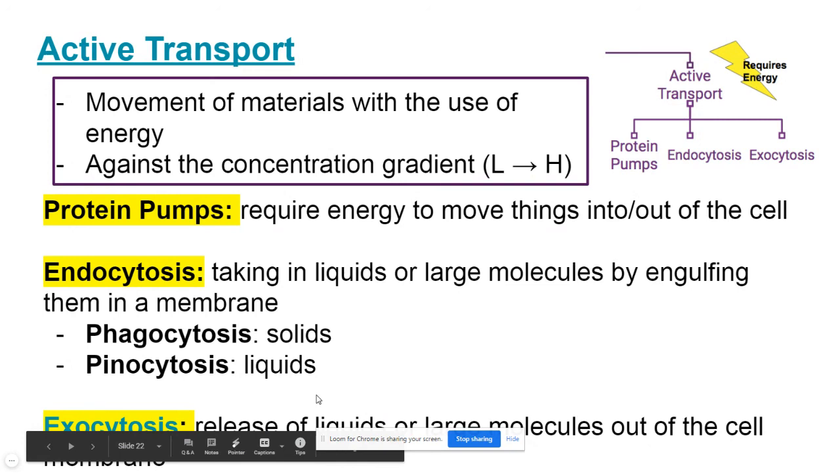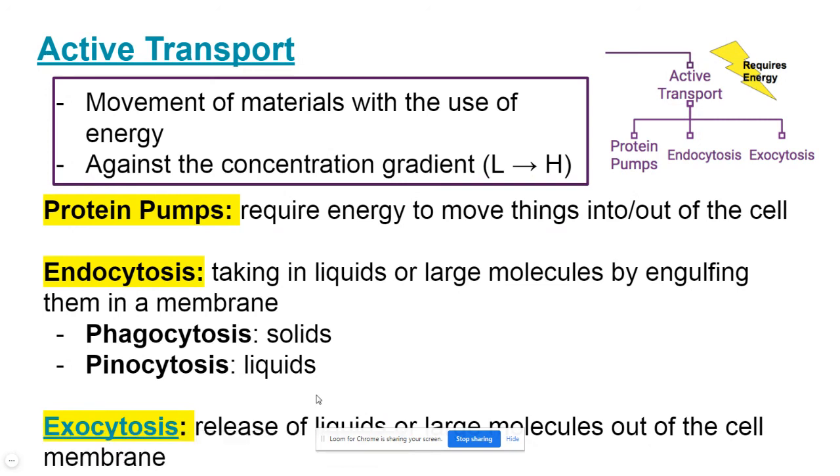The last form of active transport is exocytosis. Just from the name, exo reminds us of the word exit, right? Exocytosis is just the opposite of endocytosis. Here, the cell is releasing large amounts of liquids or solids out of the cell against the gradient using the cell membrane.